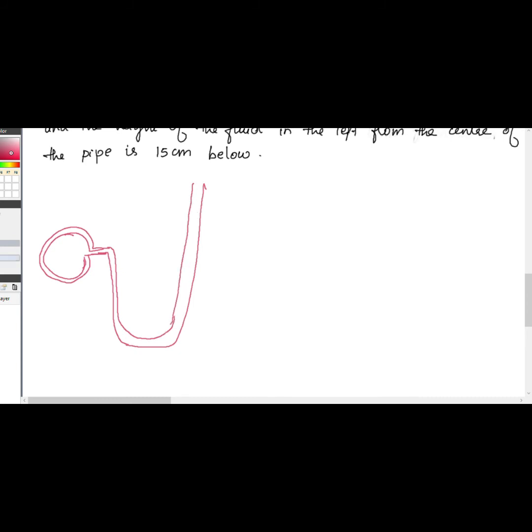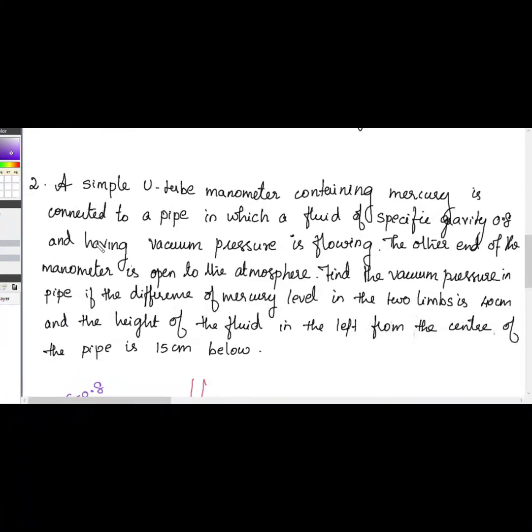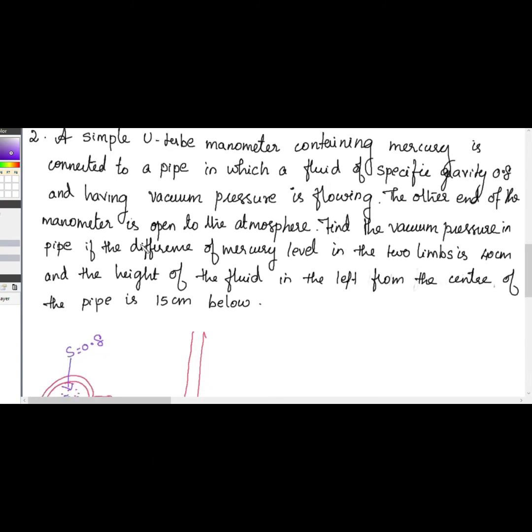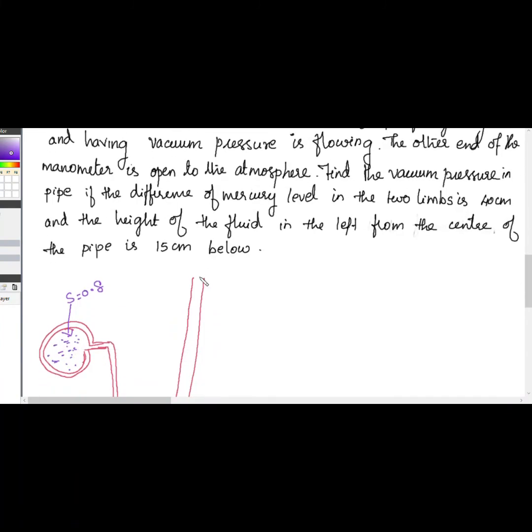In this U-tube manometer, this pipe is having a liquid of specific gravity 0.8 and having vacuum pressure flowing. The other end of the manometer is open to the atmosphere.